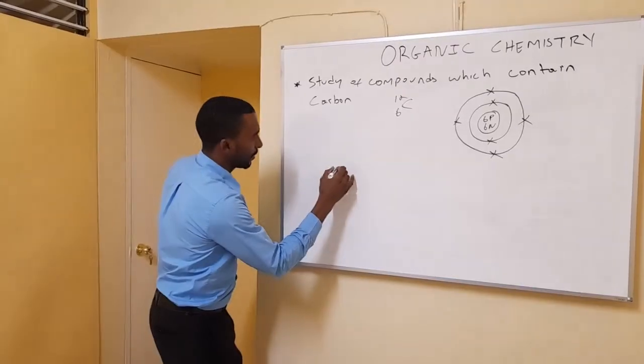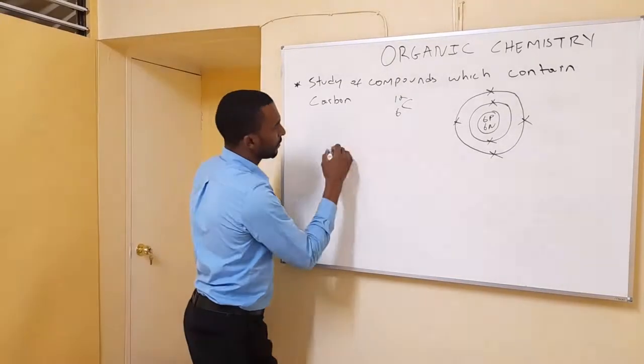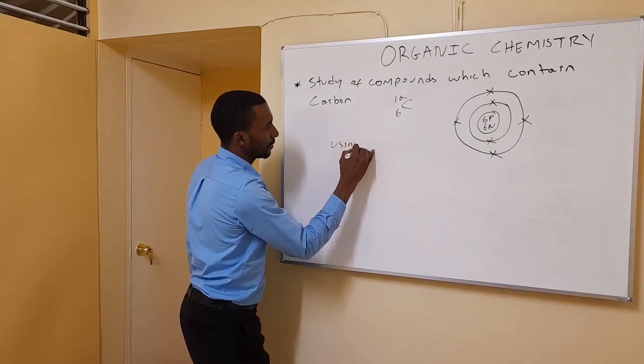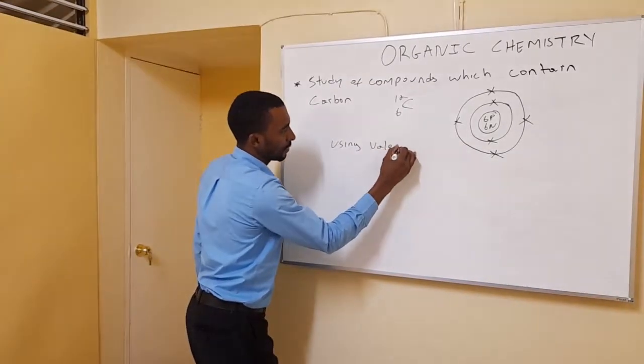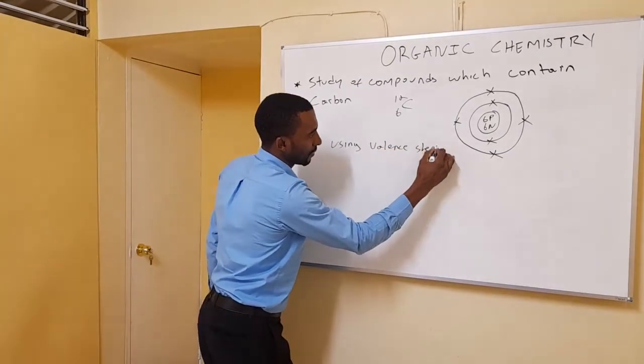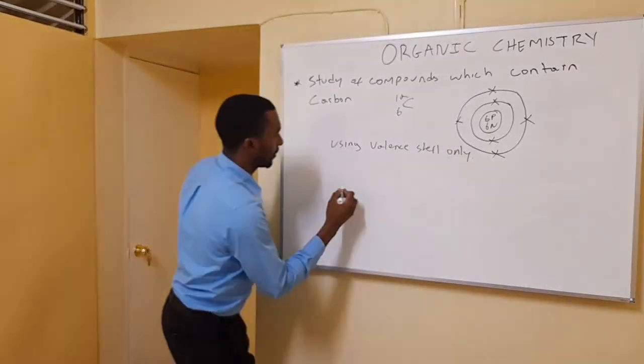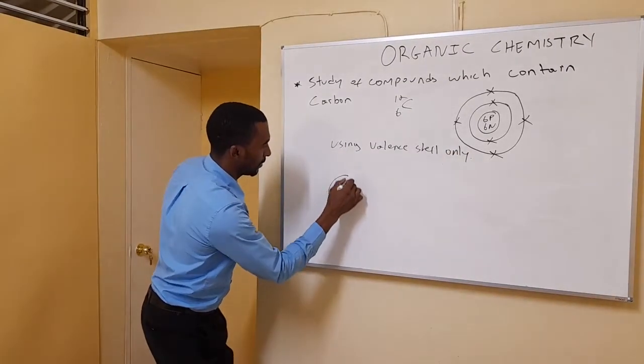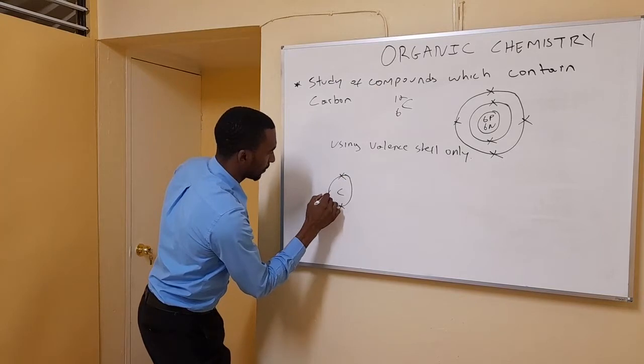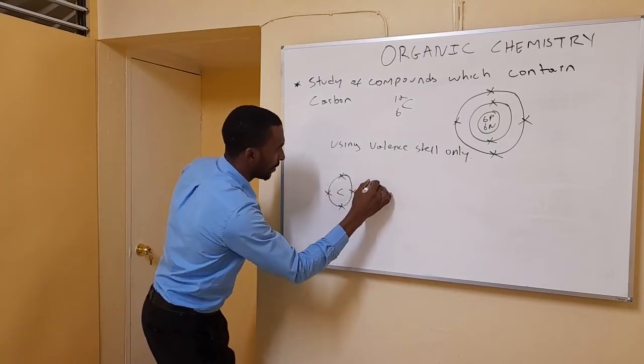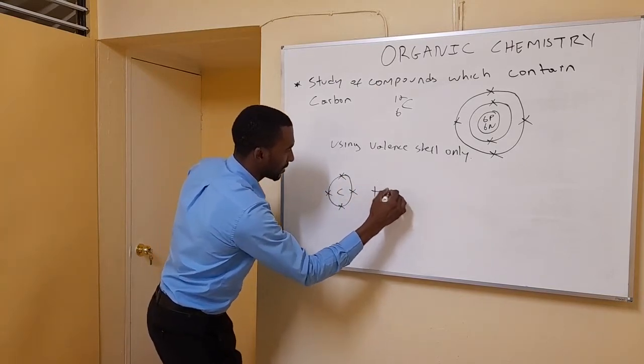So if we use the valence shell only, we have a carbon here, which can form a bond with another carbon.